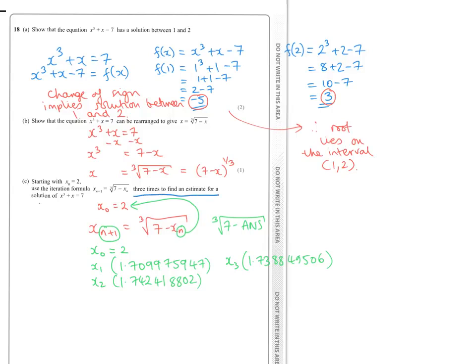So it does ask us here to find an estimate for the solution of this equation. So I would look very carefully, and I would say either to one decimal place they're all 1.7, so you could say 1.7 to one decimal place, or you could say, and I think the mark scheme does allow this, they seem to both round to 1.74 on the second and third iteration, so you could get away with saying 1.74 to two decimal places.